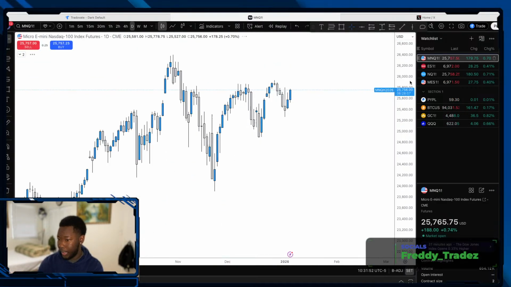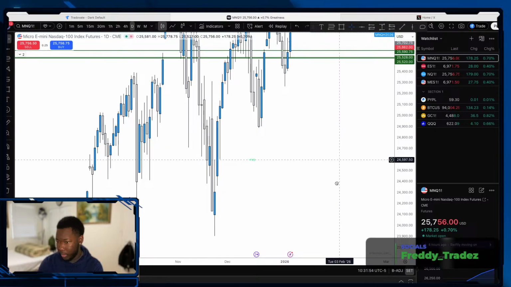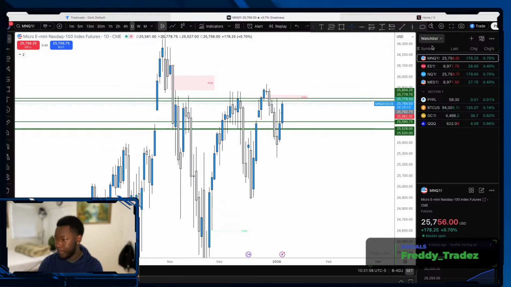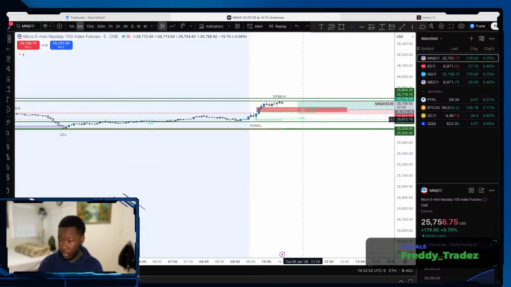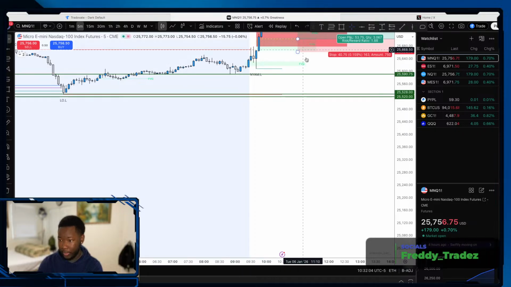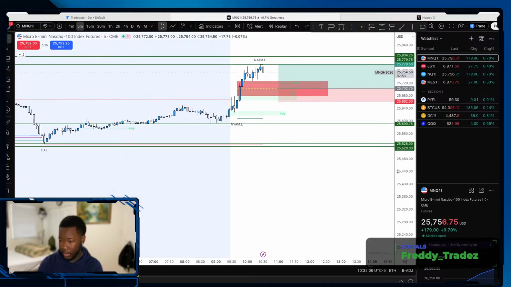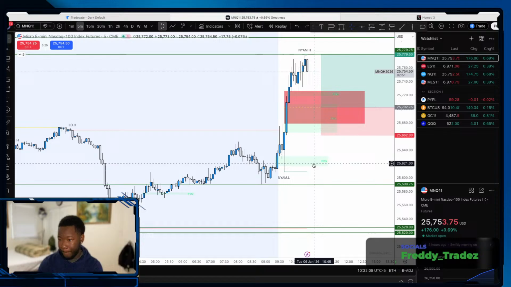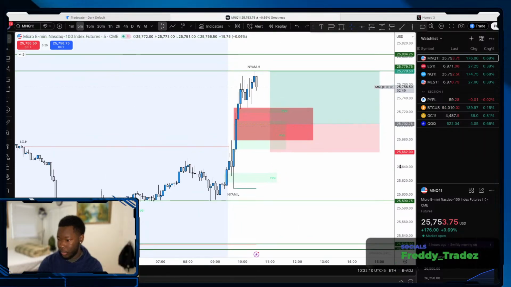Okay, and NQ hasn't tapped into its daily gap as yet. So ES is a bit stronger than NQ currently. So I would want to see NQ be the one to come back down into this gap, and I would execute on ES. So let's see if we can get this.